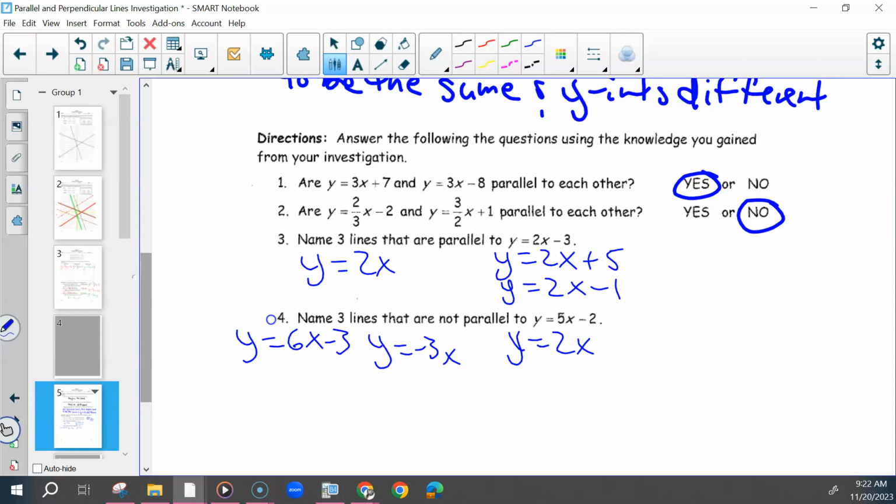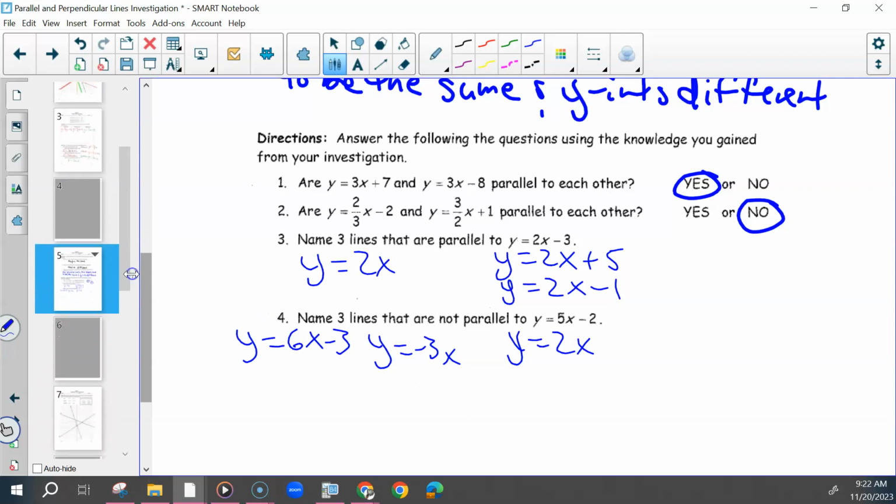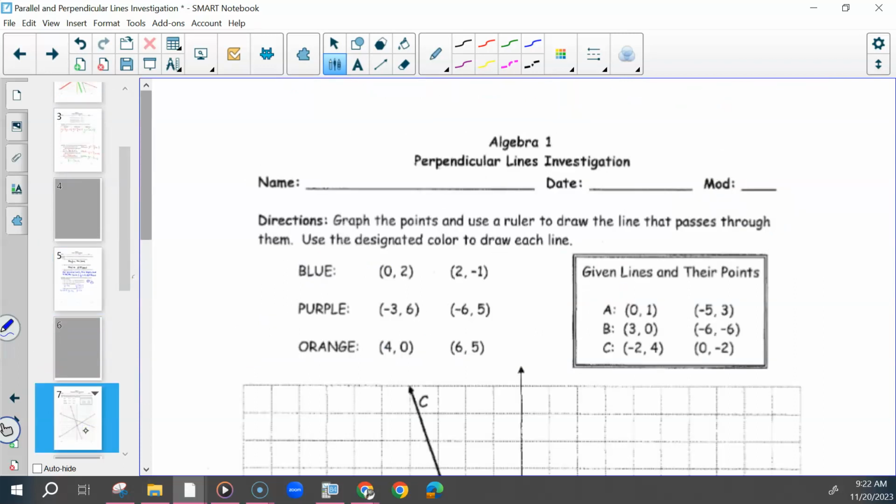Perfect. Right? So now that we know about parallel lines, we're going to switch gears. If you already graphed these, on the next page, you can move on to start writing the equations. But if you have not graphed these, I'm going to give you 5-ish minutes to do so. Your colors now are blue, purple, and orange. Same process. Graph the points.